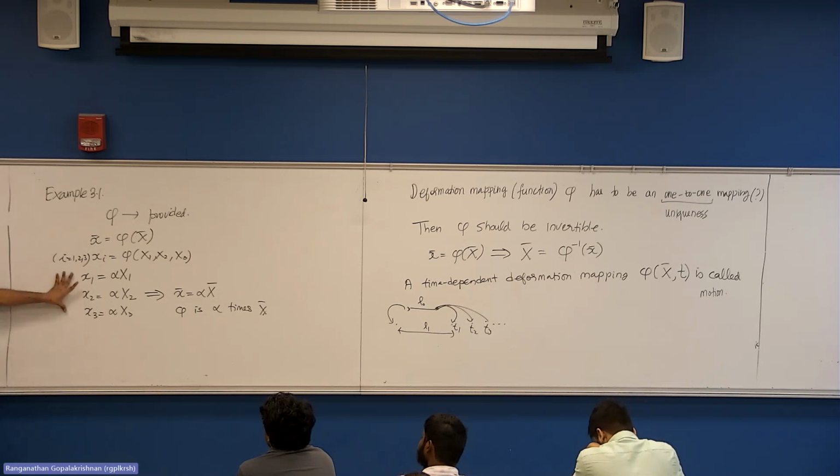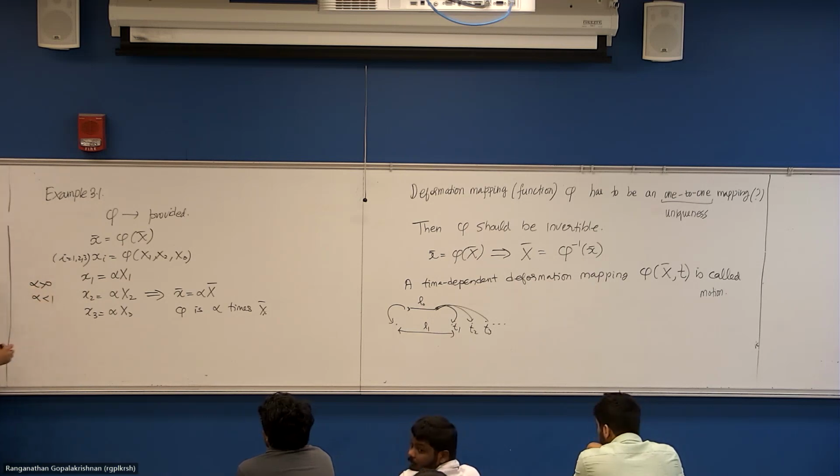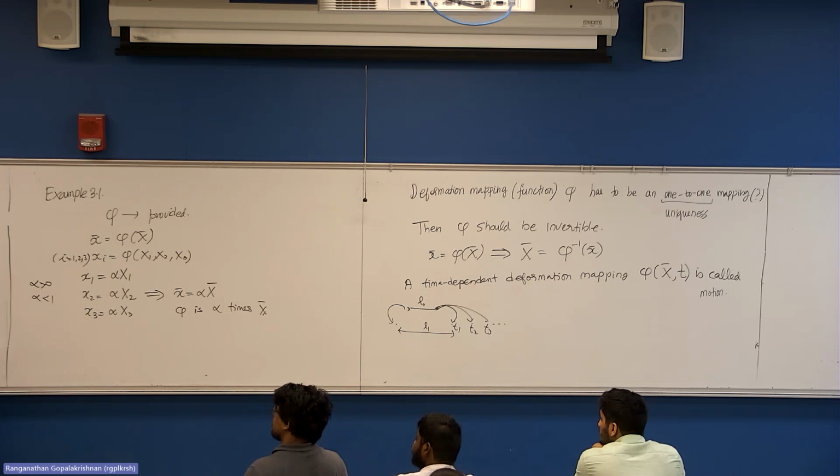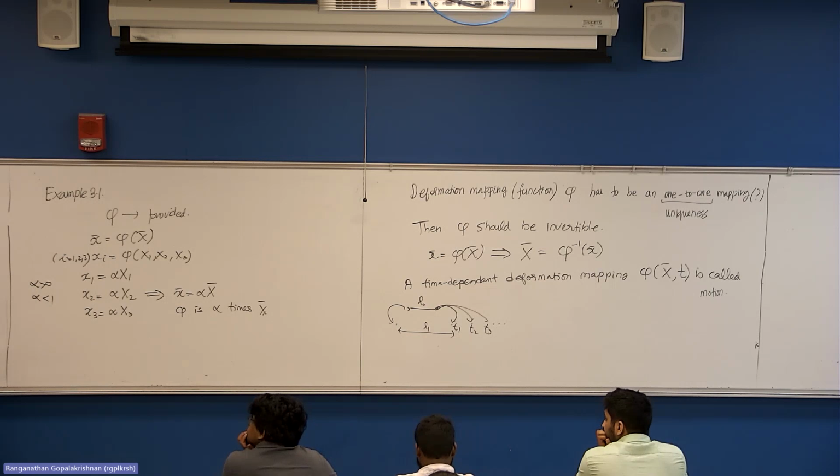Now think about what this is representing. Suppose alpha is a quantity which is positive but less than 1. What does this mean? You take a cube, we always start with the unit cell, because if that unit cell shrinks or bends or twists, it's easy to understand. That is, you start with a cube of side 1 unit each. What is the first equation telling you? Shape change in x direction. That is, whatever was at 1 unit is now at alpha units.